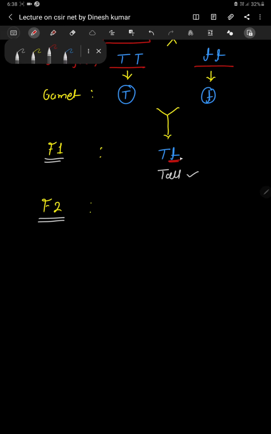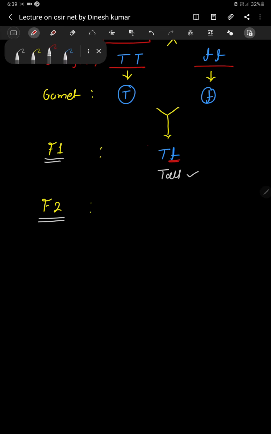We want to know whether it appears in any other generation. That's why we are going to perform the F2 generation, so that we can see what happened with the small t, the recessive characteristic. Basically we are going to see the comparison between the dominant characteristic and the recessive characteristic.